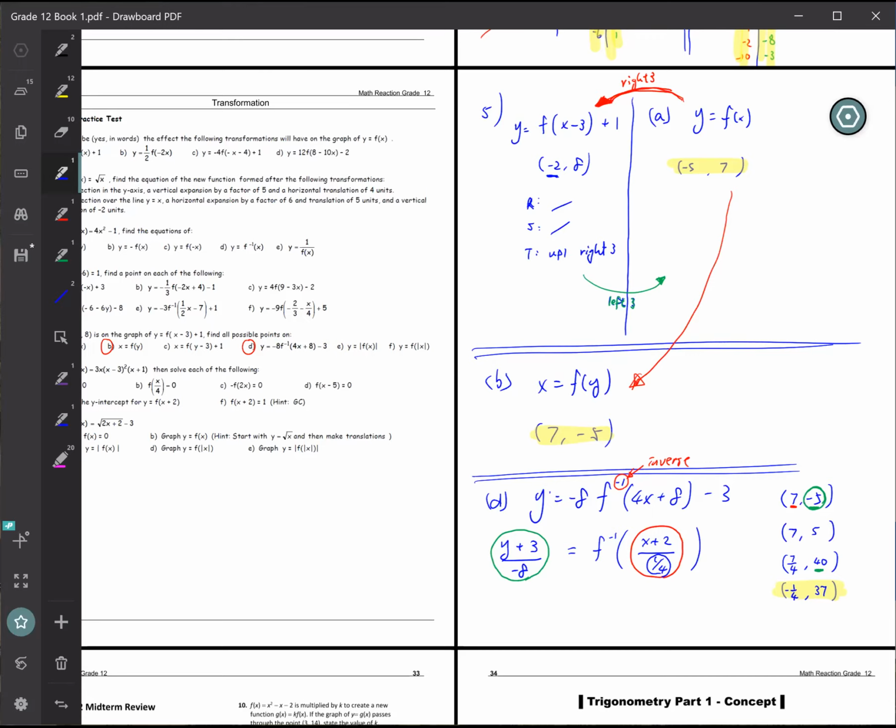Last homework 9, I gave you a review sheet on transformation. Hopefully it helps you wrap up chapter 1. Transformation is very important, because later on in the next topic, trig, we'll be using a little bit of transformation too along the way. And later we have another chapter, exponent and log, that also needs some transformation.